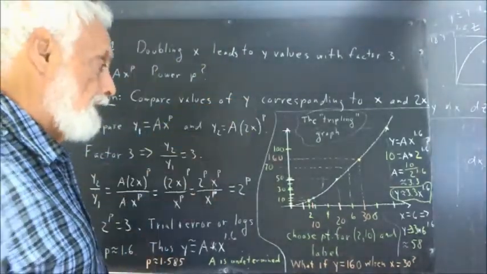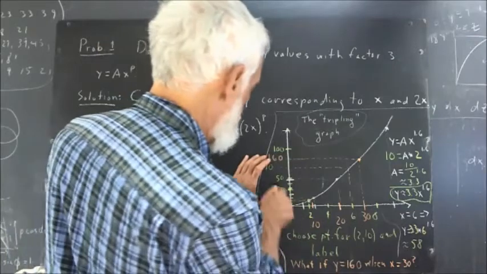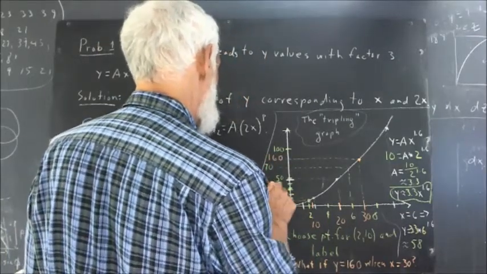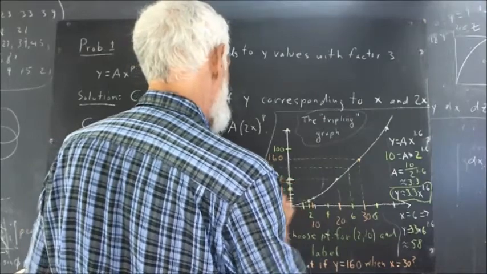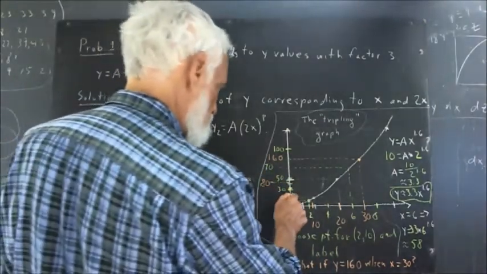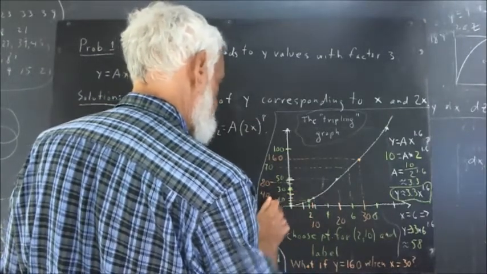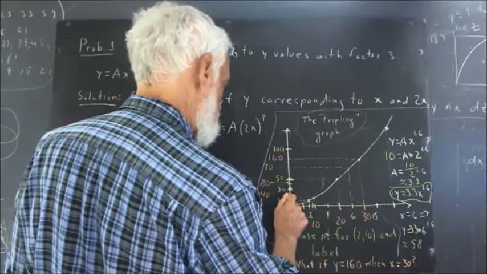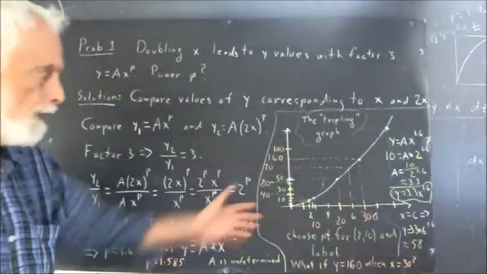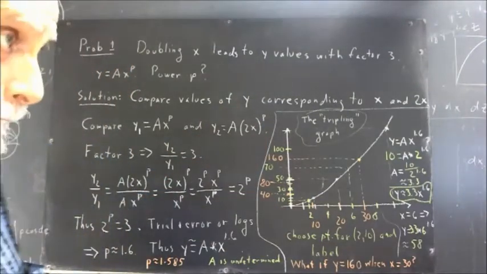On the y-axis, 160. Well, I could cut that in half. That put us about here. So this would be about 80. And half of that would be 40. That would be maybe along about here. That's a little high, maybe a little lower than that, but somewhere along in here.